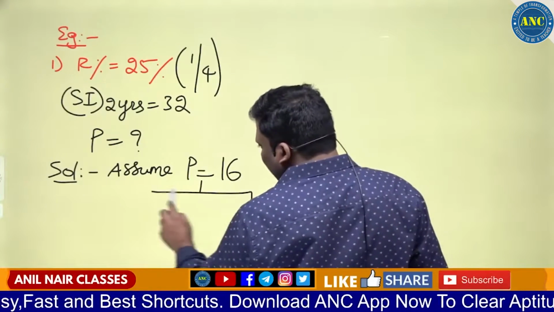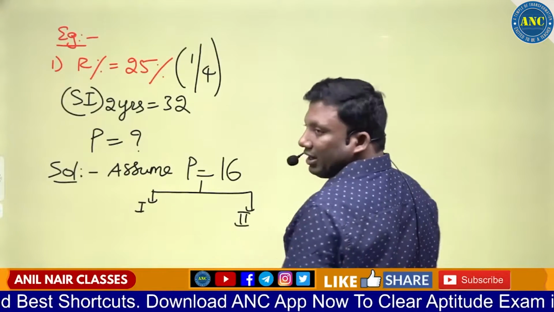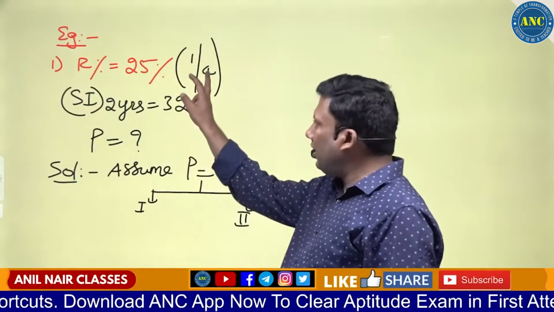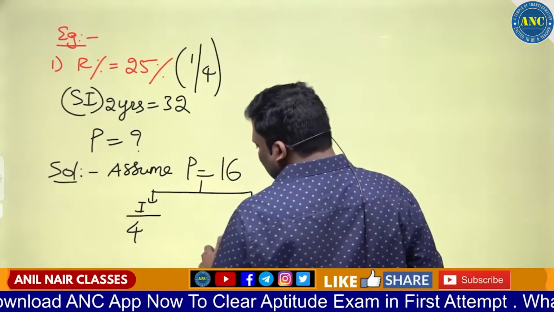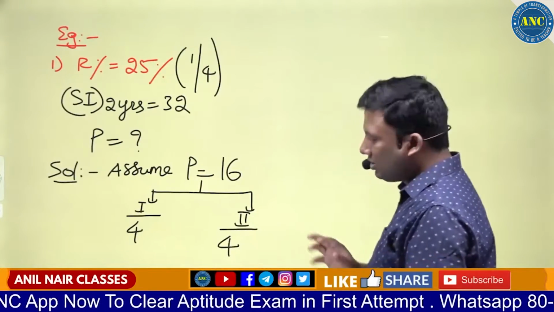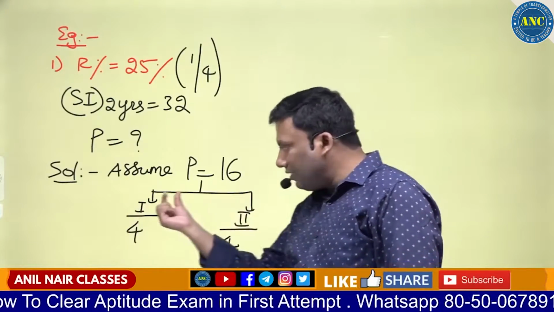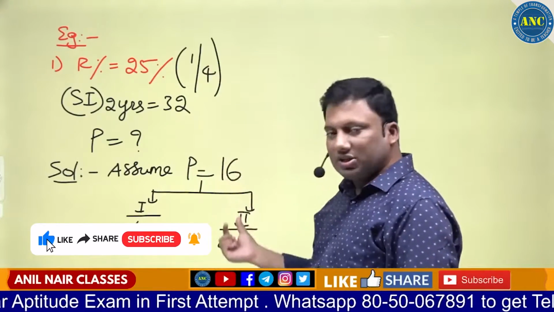In case of SI, in the first year and second year, interest remains the same. How is interest calculated? 1/4 of 16 is 4 rupees. Second year also 1/4 of 16, it is 4 rupees. In case of SI, interest remains the same every year.